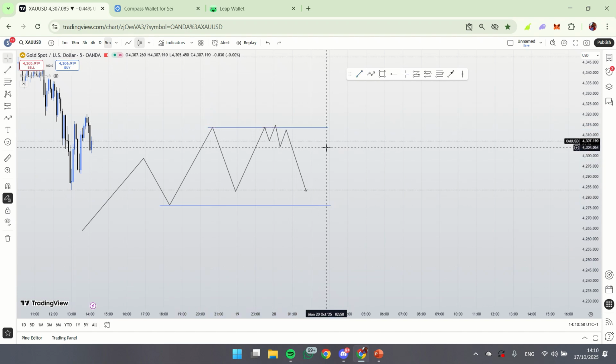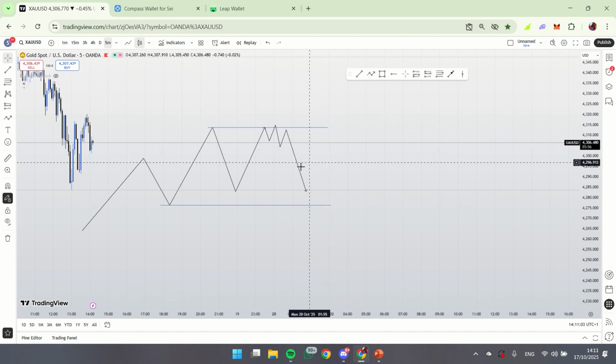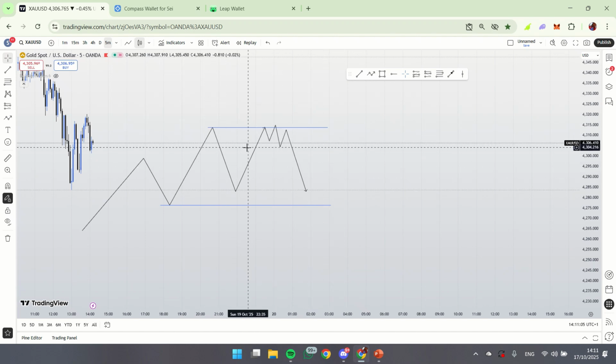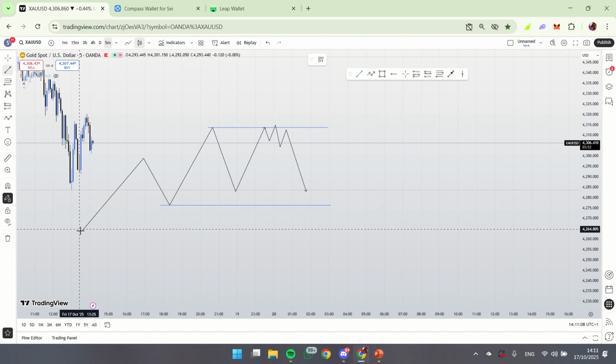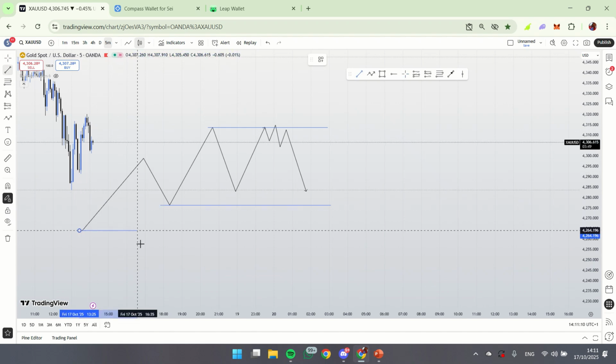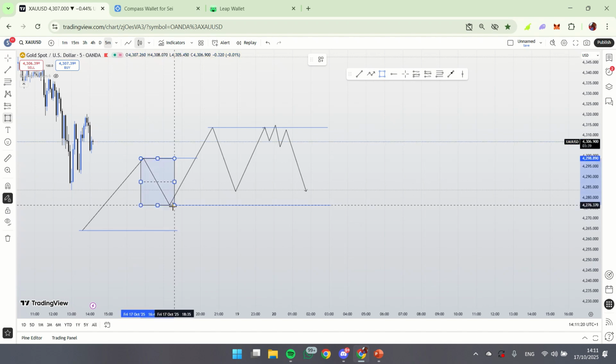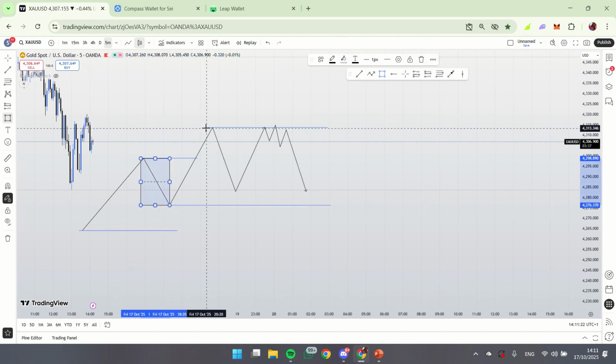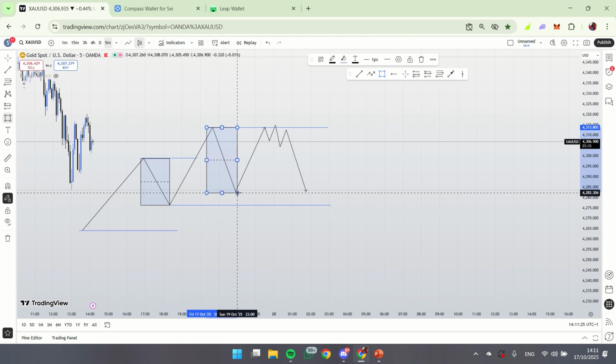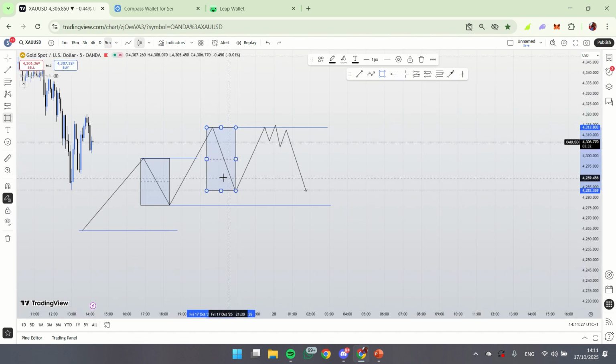You see how I get to mark just two lines on my chart. And if this fails, it is my distance. And for this one, you can mark this. But where I am paying attention to is this place, this whole place, this whole place, and this whole place. If it breaks, this is where I'm looking at. But if it doesn't, then I'm looking at taking the rundown of the low.